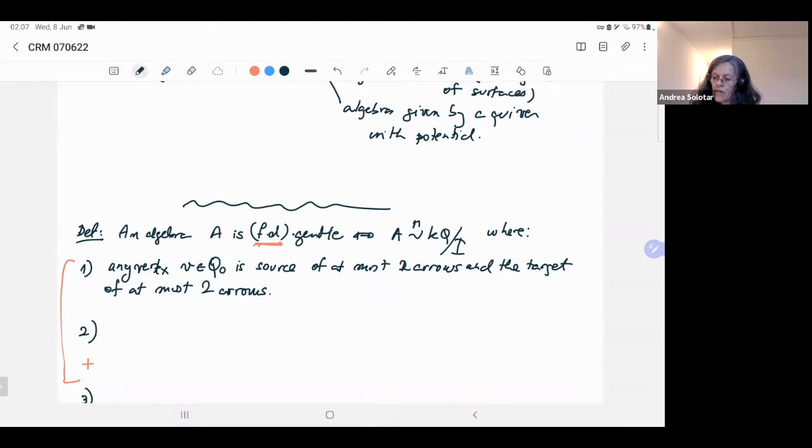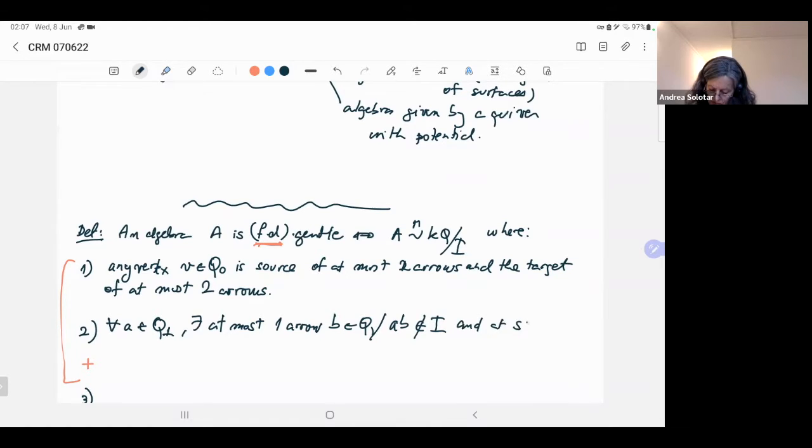Okay? And the second condition is such that if you have an arrow a in Q1, there exists at most 1 arrow b in Q1 such that ab is not in the ideal, and the same condition on the other side, at most one arrow c such that ca does not belong to the ideal, okay?